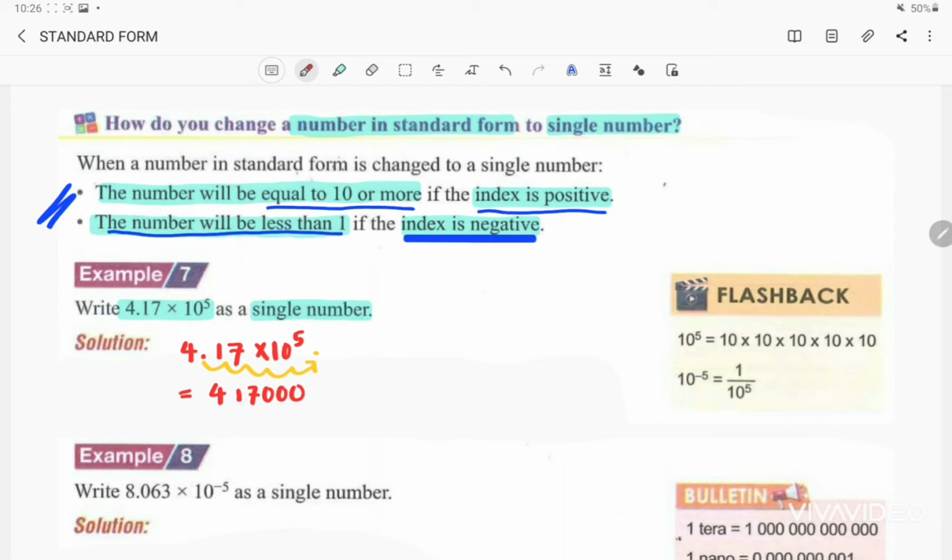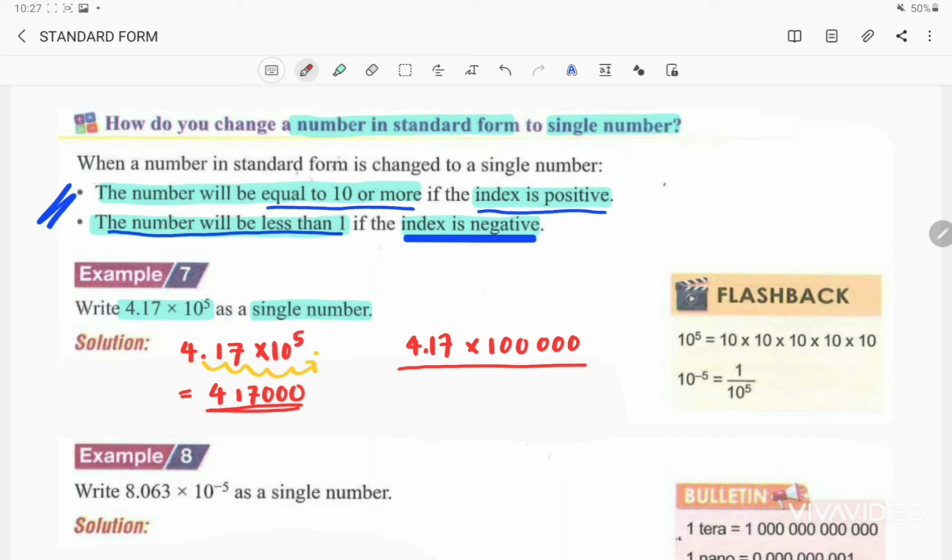Sebab kenapa? Sebab 4.17 ni kena darabkan dengan 100,000, this one ada 5 zero. So kita akan dapat single number 417,000.